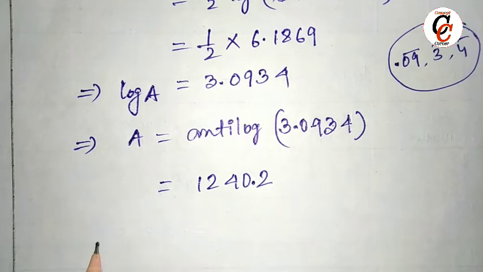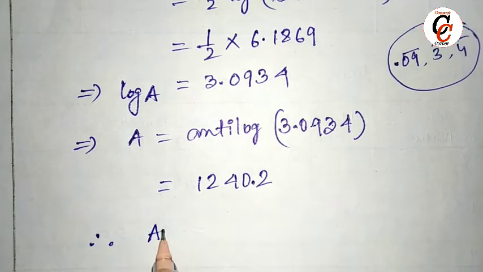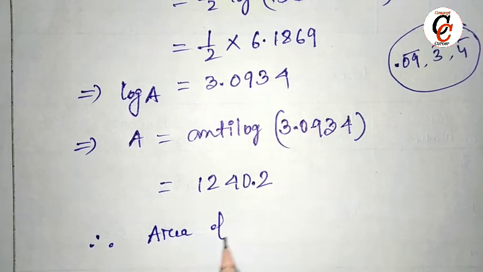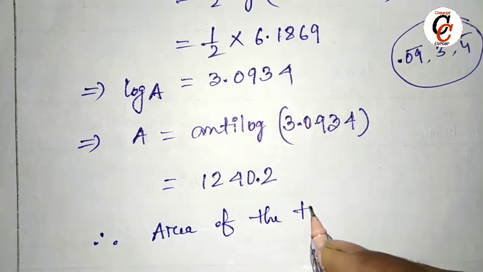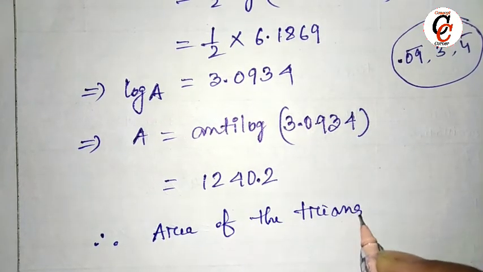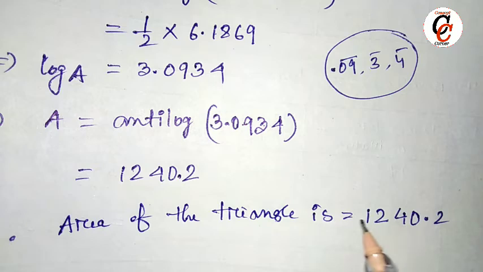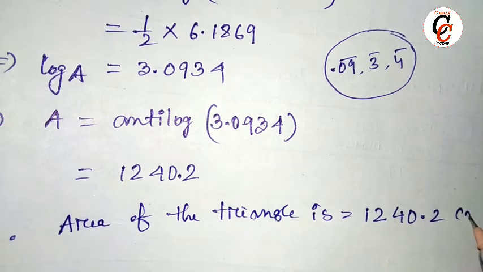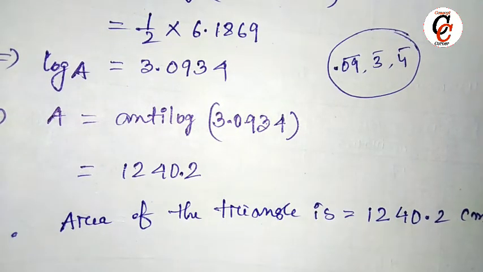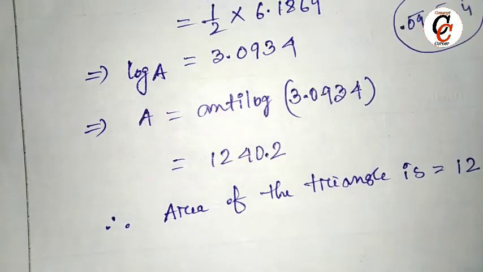Since the characteristic is 3, the decimal point will be after 4 digits. The corresponding value of 0934 is 1240.2. But as the characteristic is 3, the total number of digits before the decimal is 4, so we have to put the decimal point here.